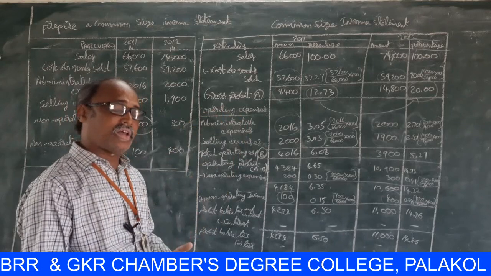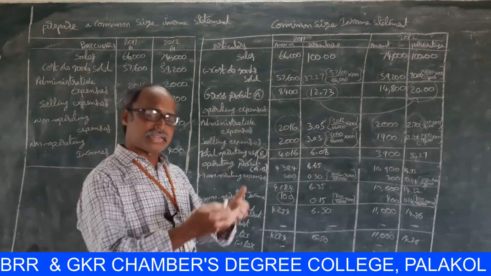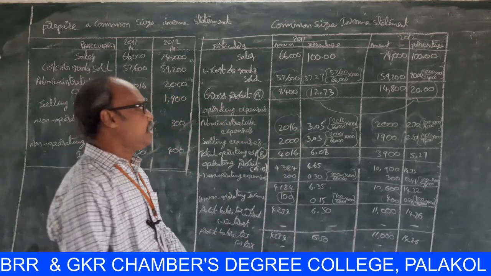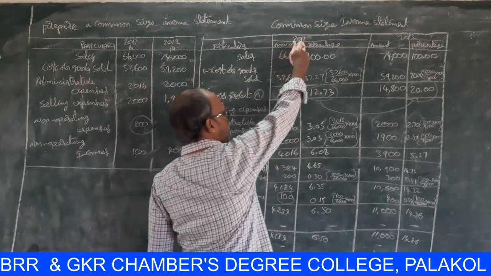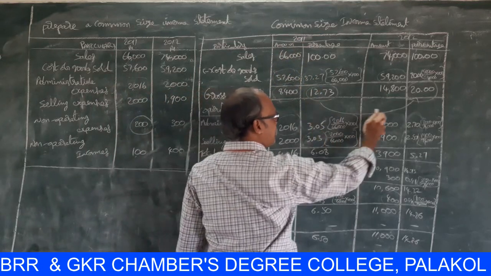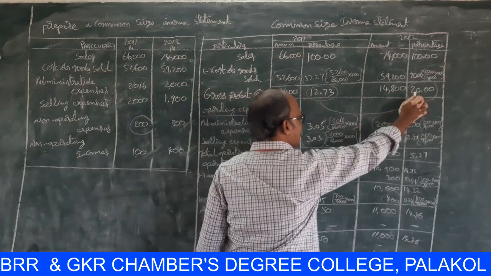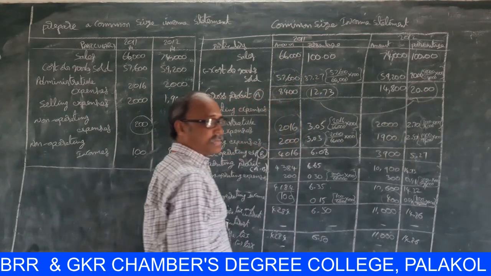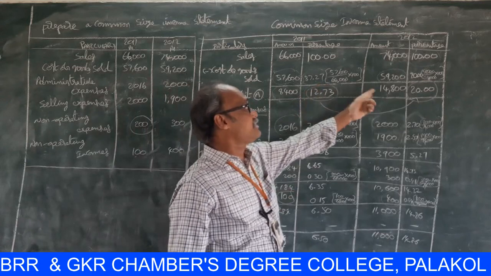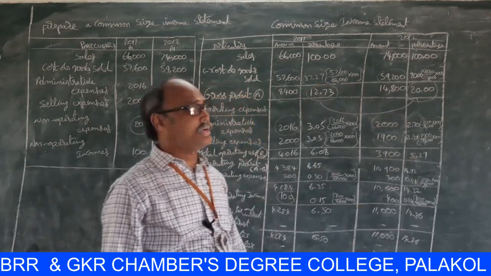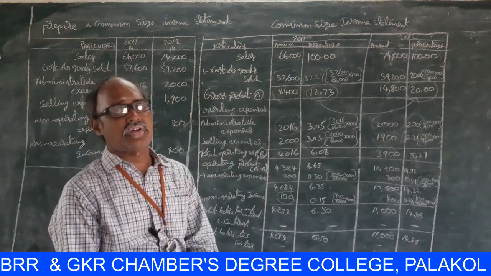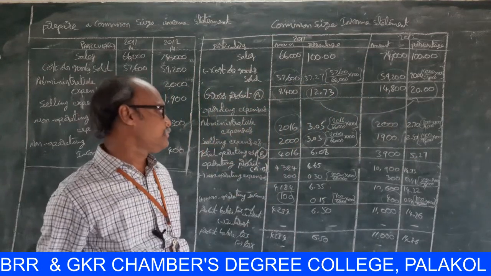Whenever the cost of goods sold percentage decreases, gross profit will increase. You know very well. So in the year 2011, the gross profit ratio is 12.73, but in the year 2012 it is 20%. Because the cost of goods sold percentage decreased from 87.27 to 80%, the gross profit ratio increased.